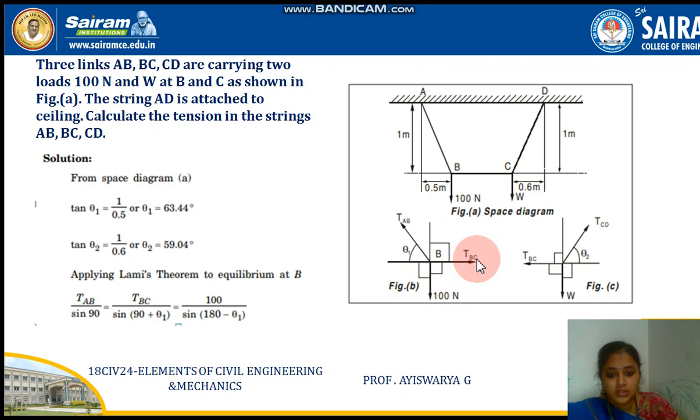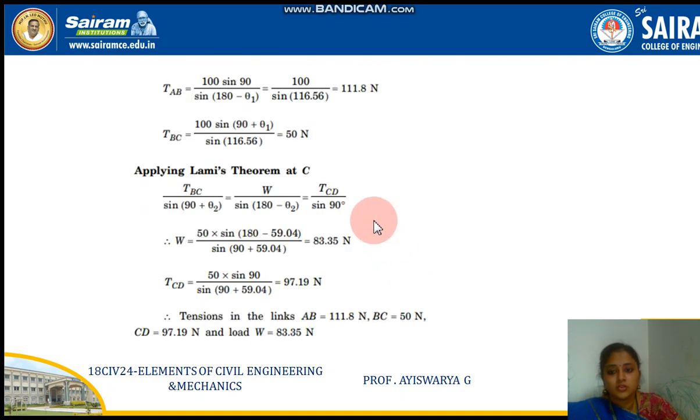And TBC divided by sine of the angle between the other two, which is 90 plus theta 1, and 100 Newton divided by sine of the remaining angle, 180 minus theta 1.